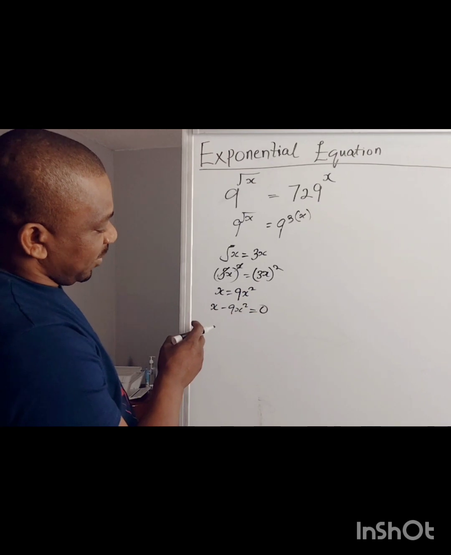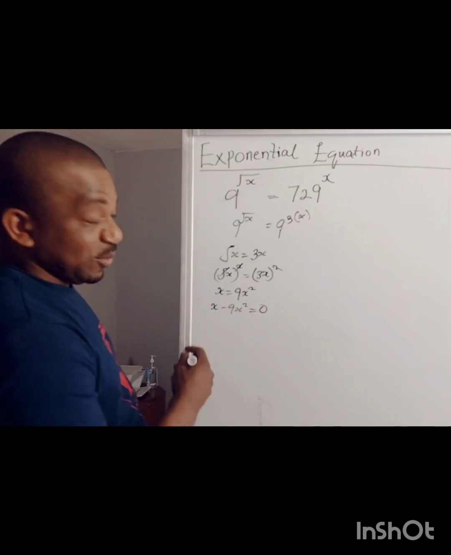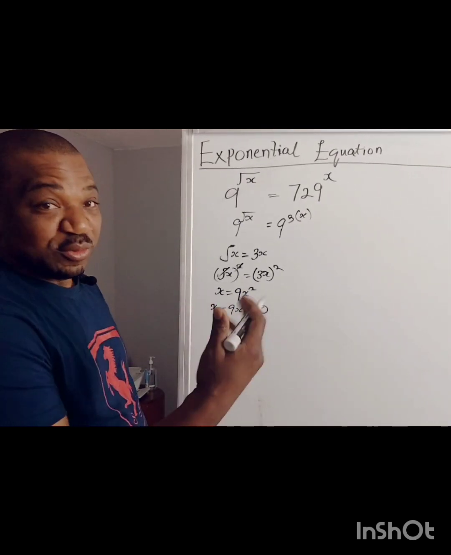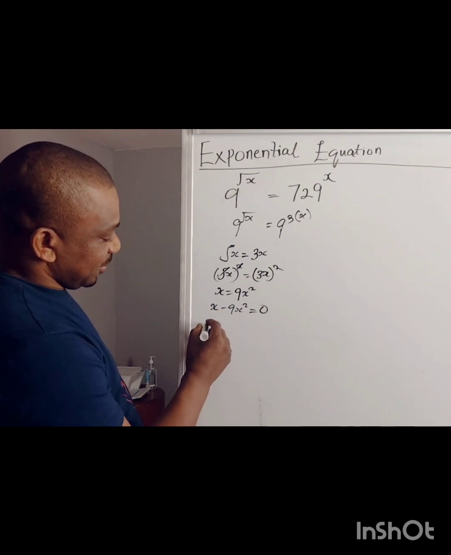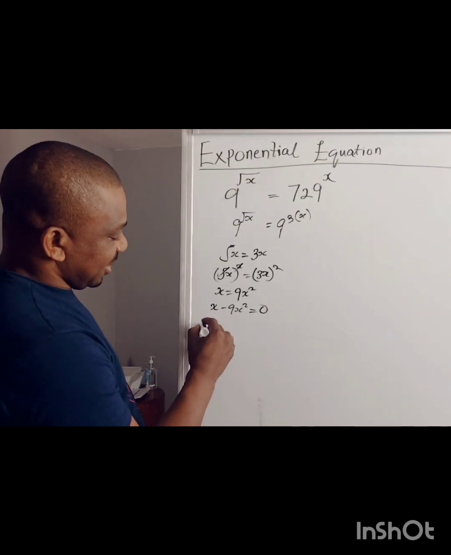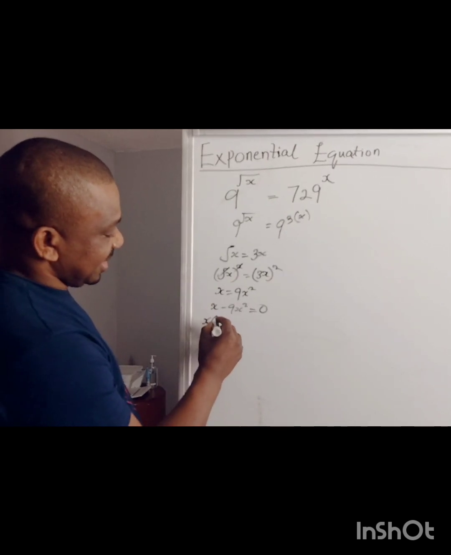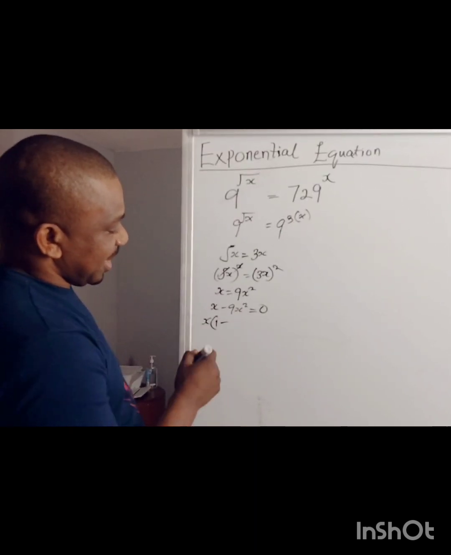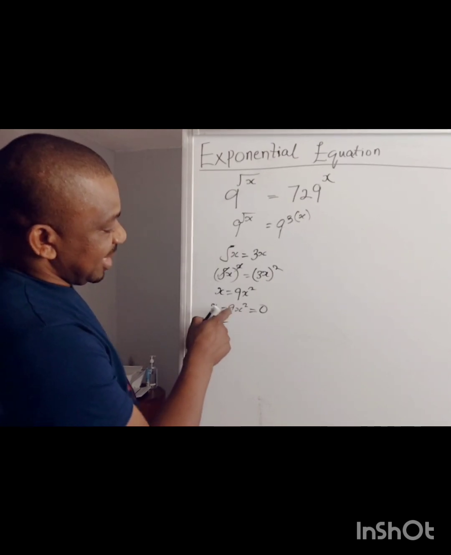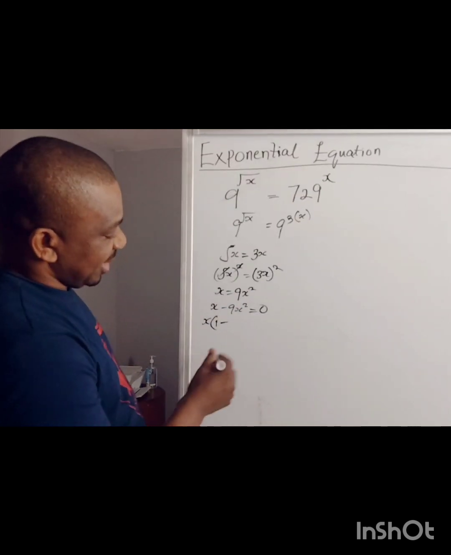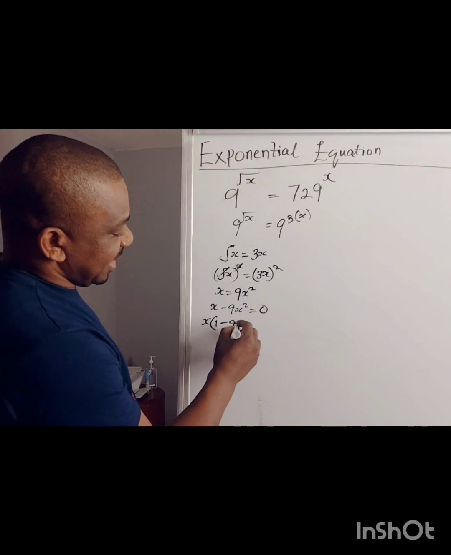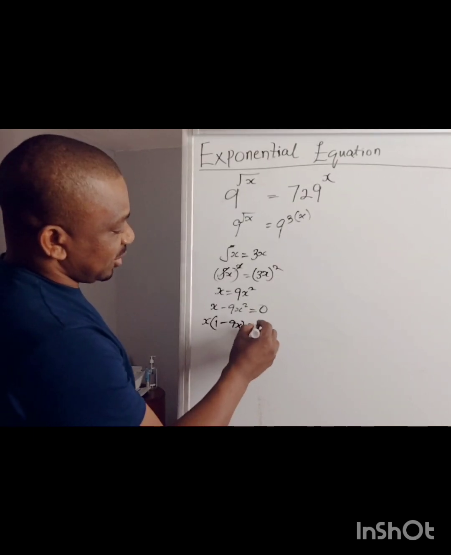So here, something is common, which is x, if you want to factorize. So that will become x into 1 minus 9x is equals to 0.